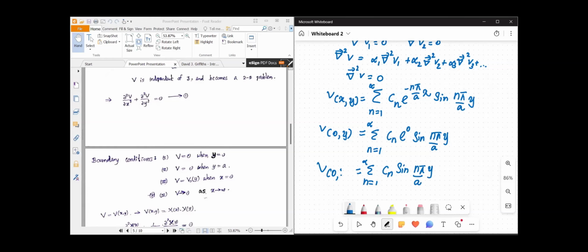This is the potential when x is equal to 0. Now if we look here, it is not depending on x, so it satisfies the condition. It is a function of y only.